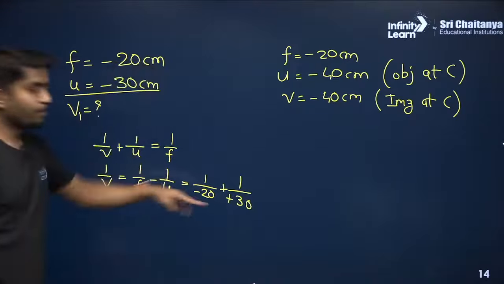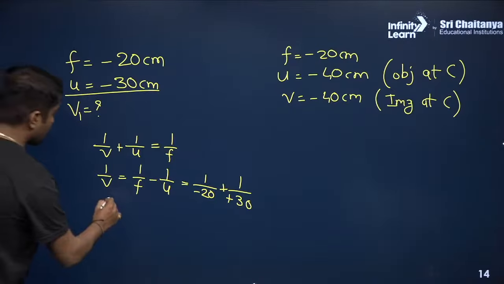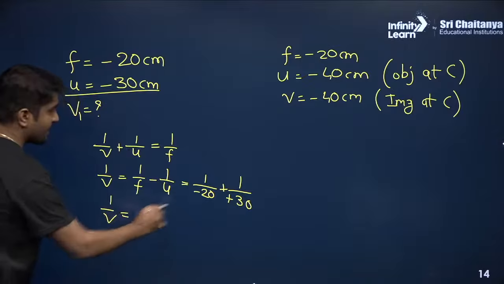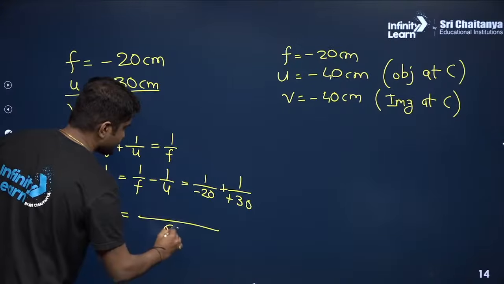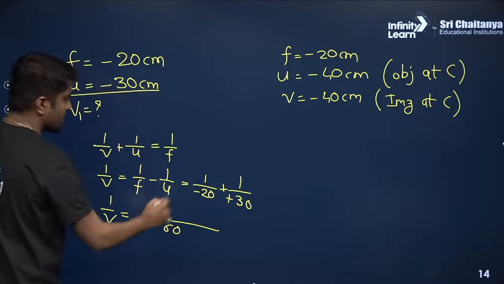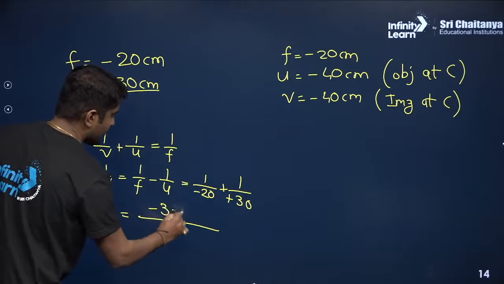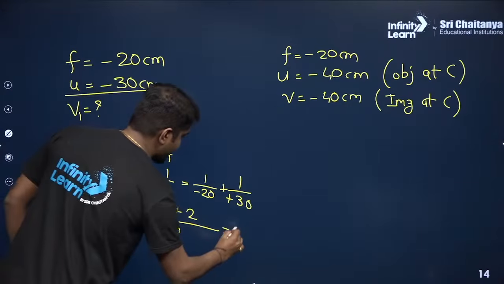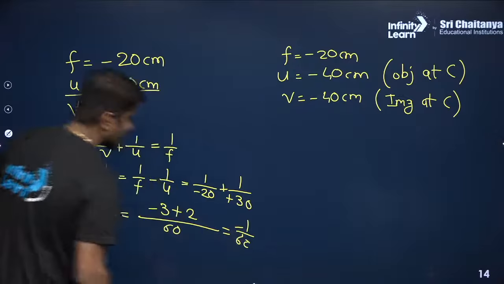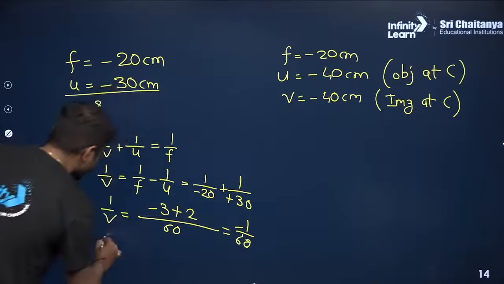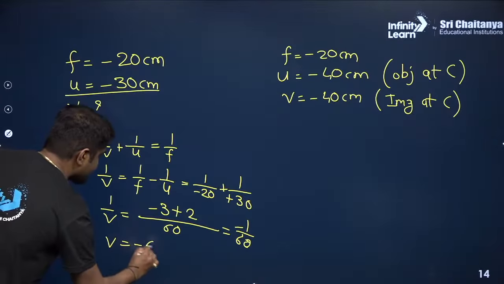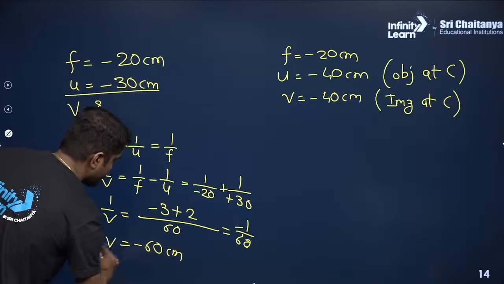So this will be positive. So 1 by V is going to be, LCM is 60 here. So this is minus how much? Minus 3 plus 2, which is minus 1 by 60. Correct? So V is going to be minus 60 centimeter.